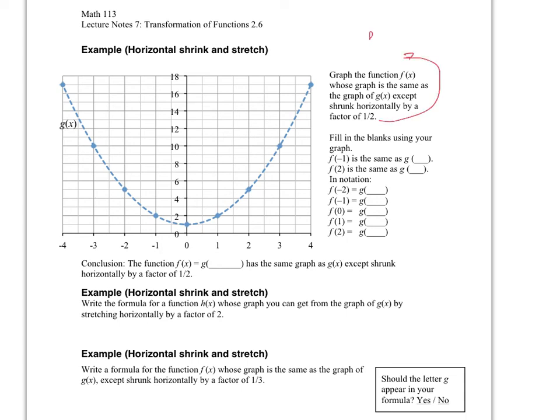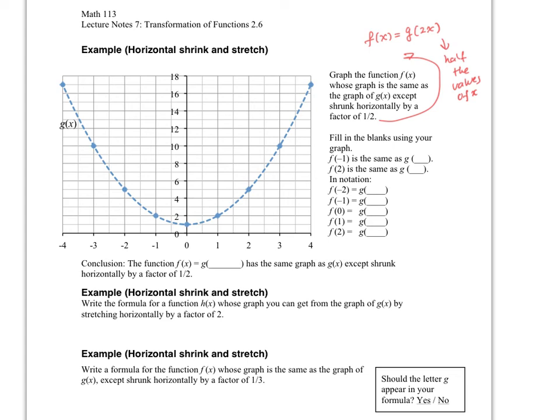Horizontal means that f of x is going to be equal to g of 2x. That's what it means by shrinking by a factor of 2. So technically what you do is you halve the values of x. Okay, so again, this is probably the most difficult thing to see of the whole video.